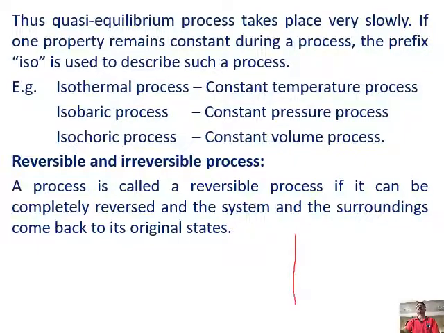Now let me take the example of this piston cylinder arrangement. So this is the cylinder and this is the piston. Now imagine that I do some heating of this system, external heat is supplied, maybe some 10 kilojoules of heat. During this process these molecules absorb energy, they are energized, so they start exerting more pressure on the walls, but the piston is free to move, so it moves upwards by doing some 8 kilojoules of work.